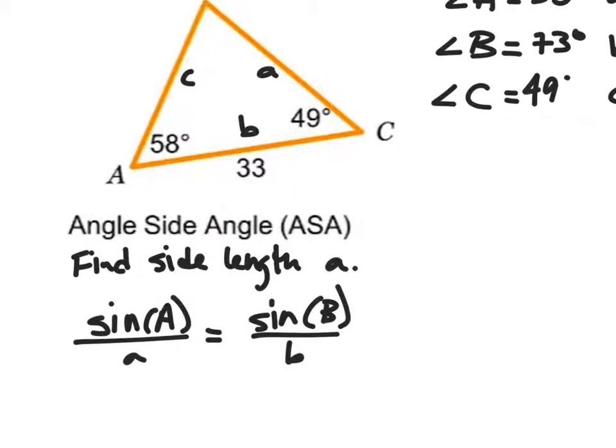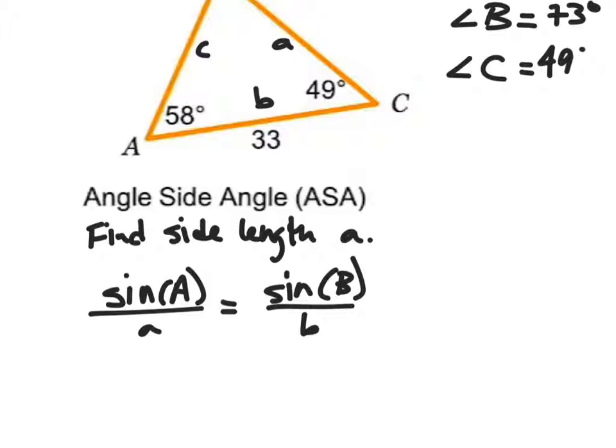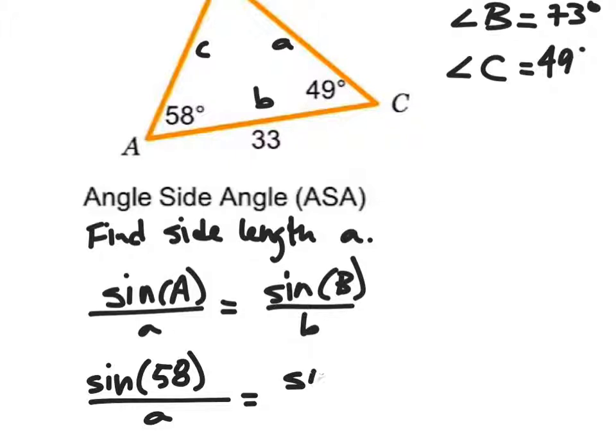I'm just going to plug these values in. So sine of 58 degrees over A is equal to sine of B, so sine of 73 degrees over 33.